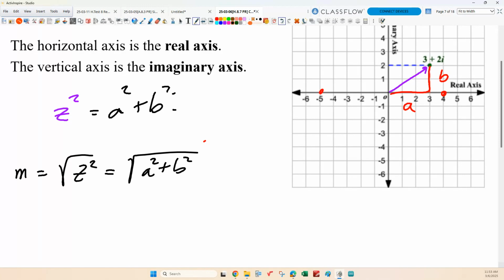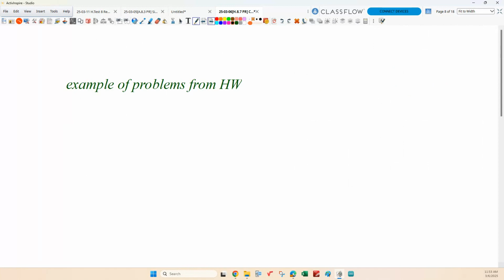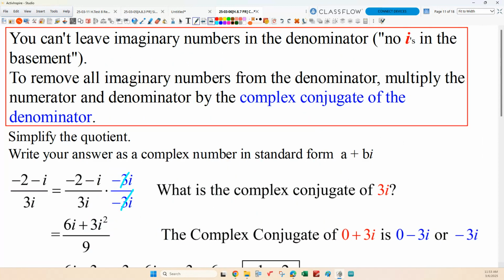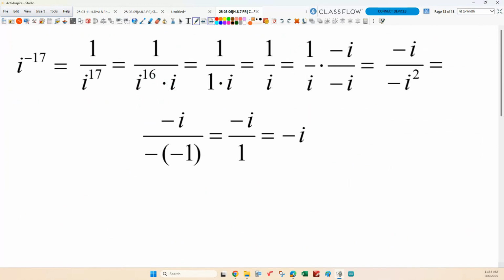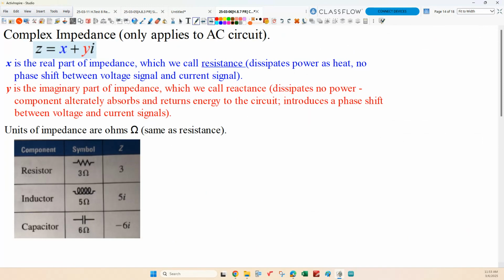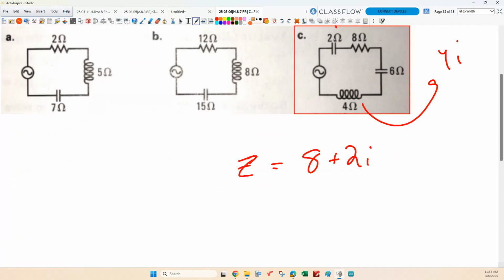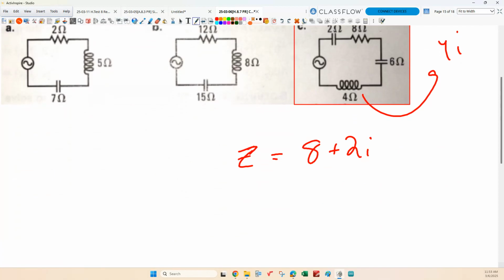So if I wanted to actually know how much, that's kind of a weird answer that we just got for this circuit. 8 plus 2i, is that big or small? Who knows, right? But if I calculate the modulus, which we write like that, that I can relate to.